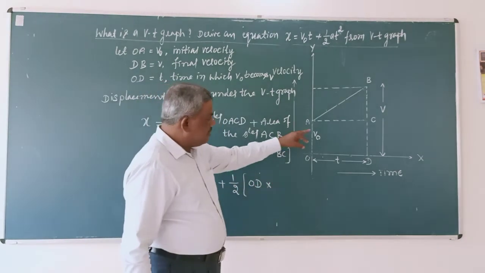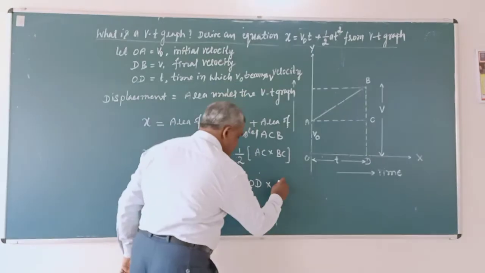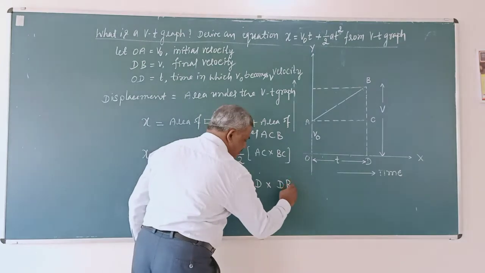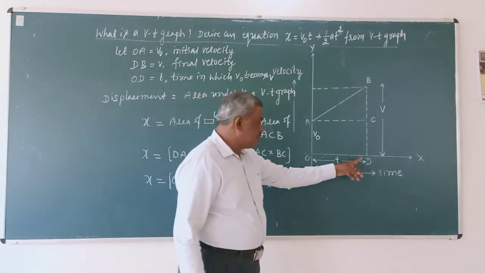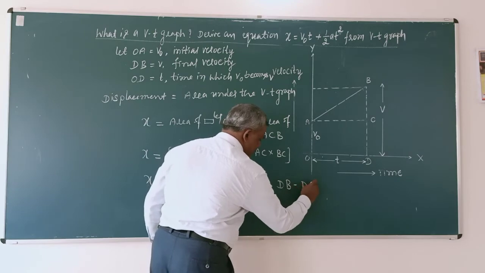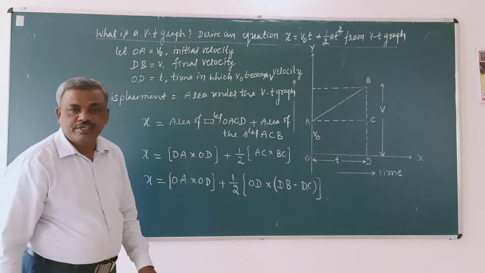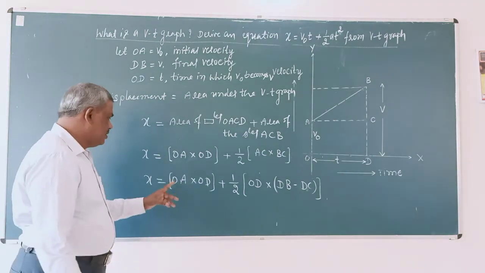And BC is written as DB minus DC. Now friends, observe here.